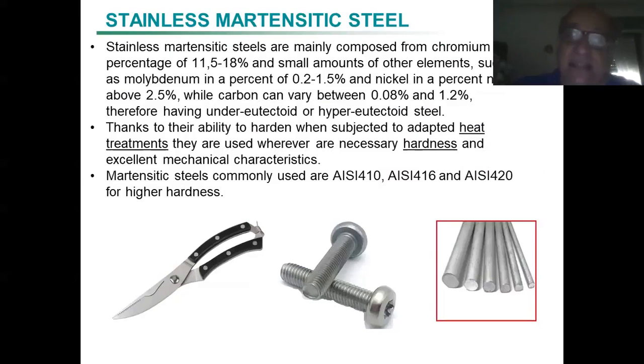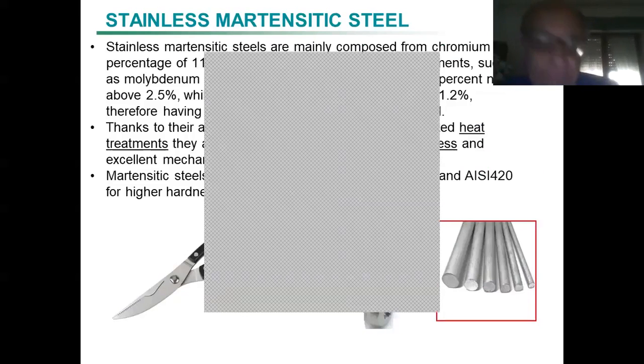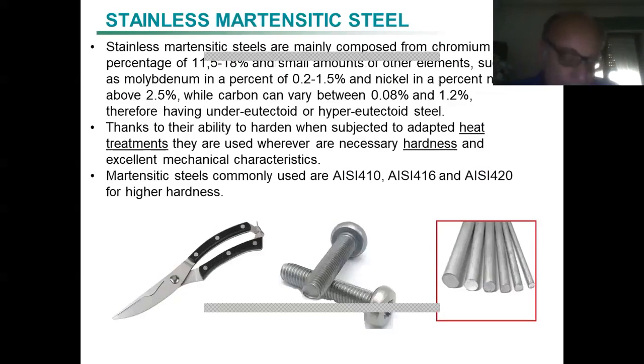Martensitic steel, well, there is not much difference apart from the fact that they are harder, more brittle, but they are used for smaller dimension items, which need to be stronger also on their surface and to withstand different types of loading.